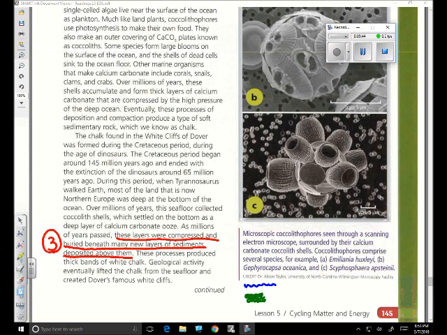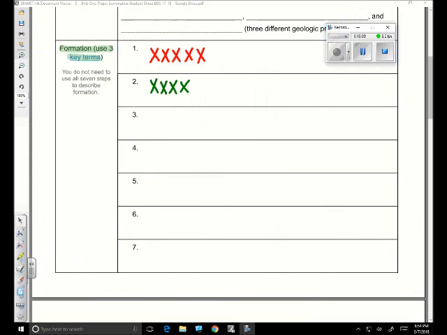And all that weight is compressing it and cementing it together into rock, basically a sedimentary rock called white chalk.